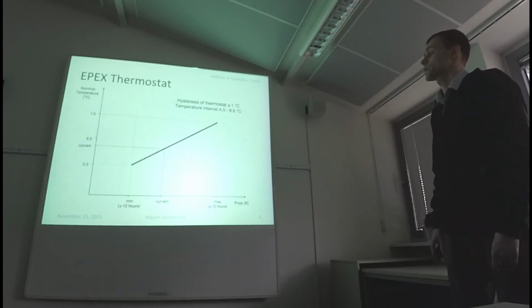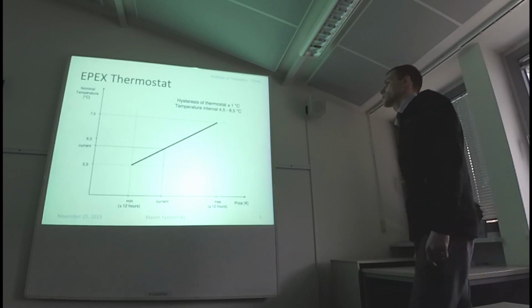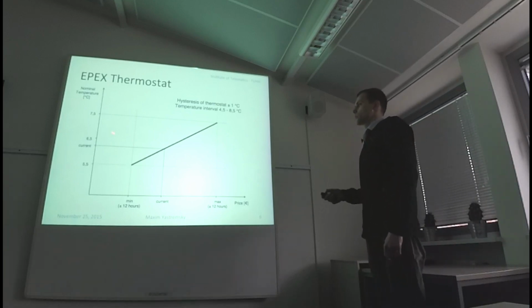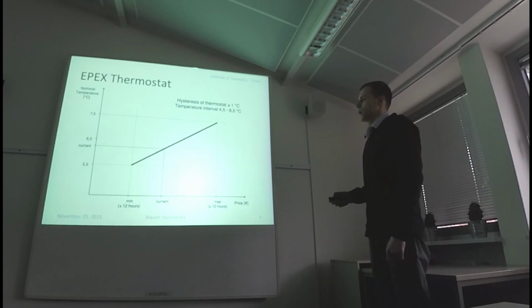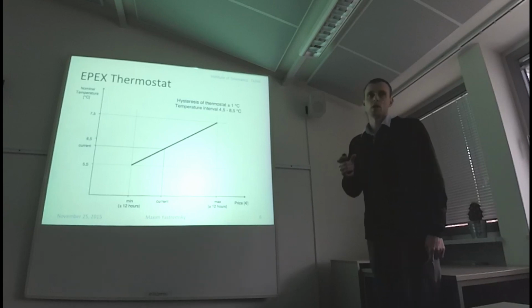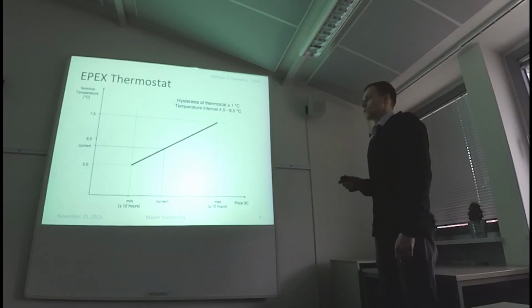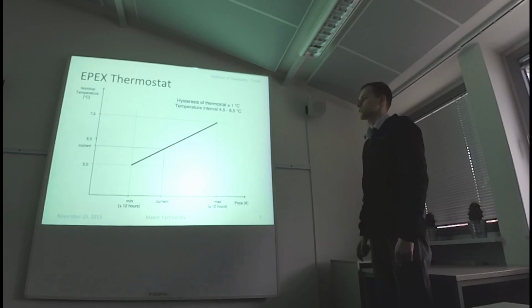The first approach can be described by this figure. The base nominal temperature was set to 6.5 degrees Celsius, and the minimum price and maximum price in a plus-minus 12 hours range were projected to two values, 5.5 and 7.5 degrees Celsius.